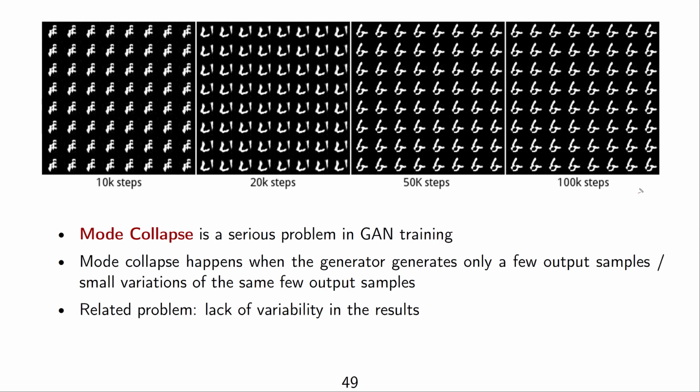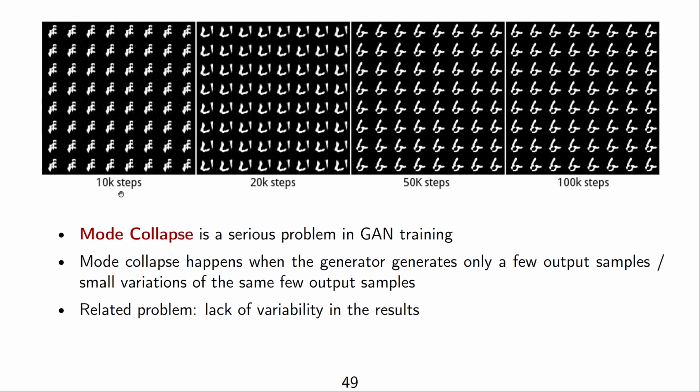So here is an example of a mode collapsed training, and what we see here is a grid of 8 by 8 example outputs, and these are just some random vectors that are taken and fed into the generator.